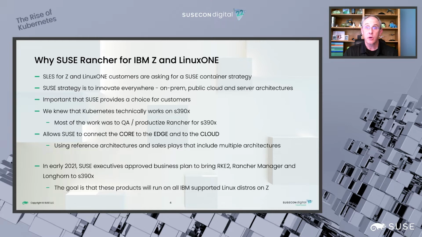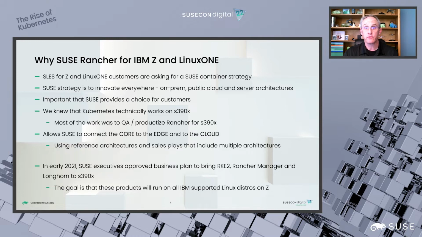In addition, Rancher on IBM Z and LinuxONE allows SUSE to connect the S390X architecture to the SUSE focus in the data center, at the edge, and in the clouds, either public or private. Bringing Kubernetes and container orchestration to S390X made perfect sense when SUSE acquired Rancher in December of 2020.